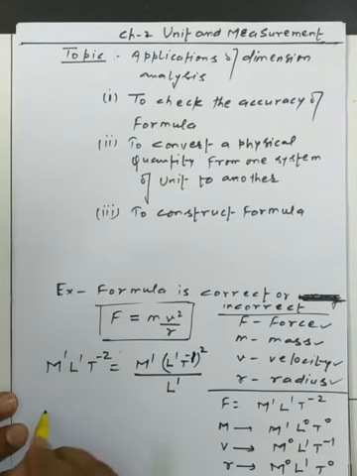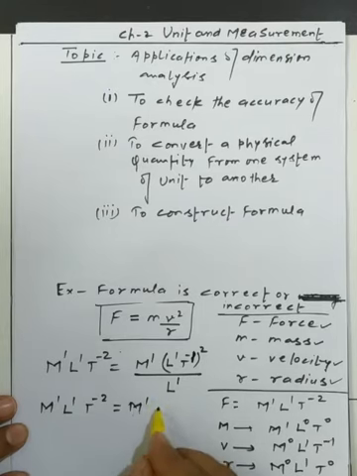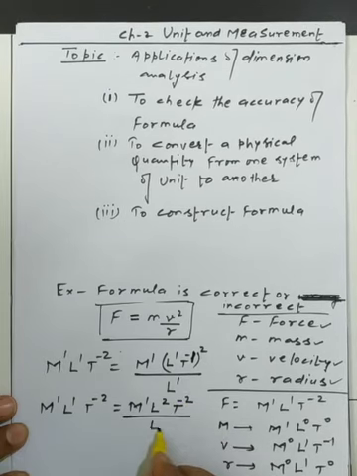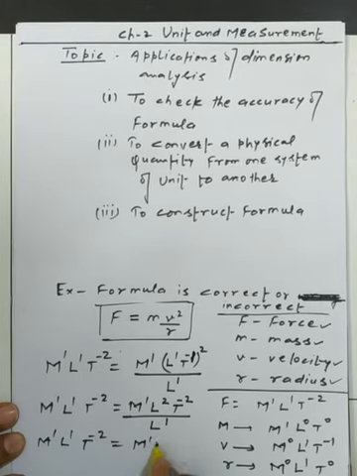So M1 L1 T minus 2 is equal to M1, and simply the multiplication of the powers, L2 T minus 2, divided by L1, and compiling this, M1 L1 T minus 2 is equal to M1 L1 T minus 2.